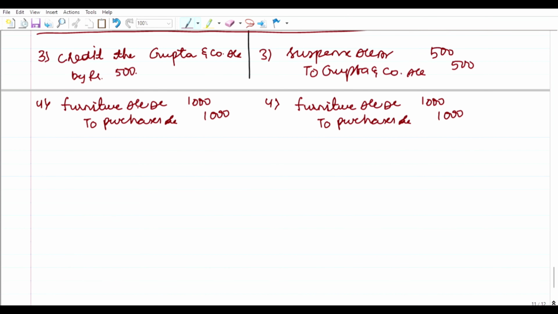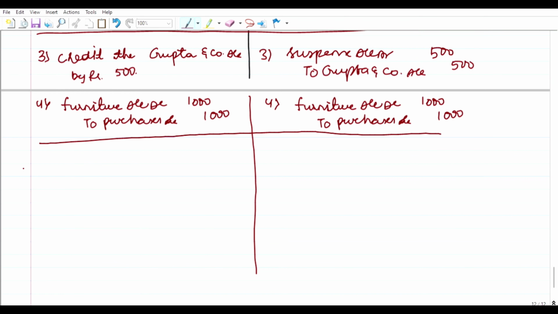This is the statement we have to record in the books of accounts. That means if we credit the Gupta and Company account, that would be rectified. Let us go for the fifth transaction.